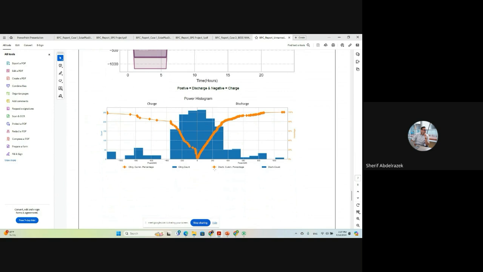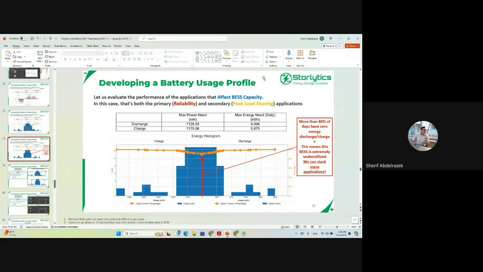And for charging, this period we set was somewhat arbitrary. We just said 1 a.m. to 6 a.m. It could have been 12 a.m. to 7 a.m., right? So from a sizing perspective, we start to get diminishing returns. So we talked about the power histogram. Now shifting to the energy histogram, and we talked about the blue part here. Now for the CDF, we see that we're really at about 90% at zero.